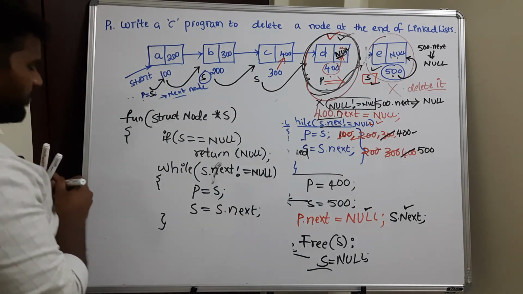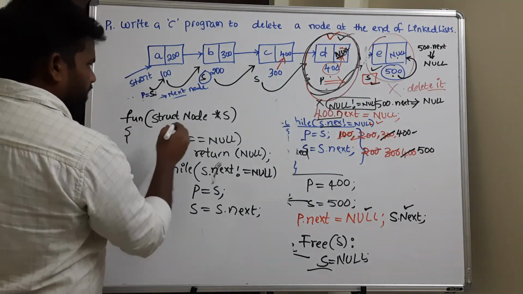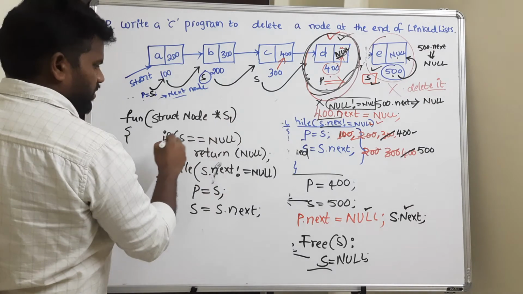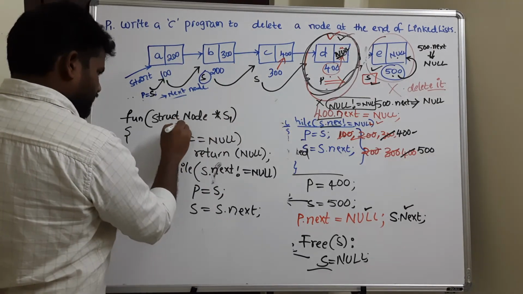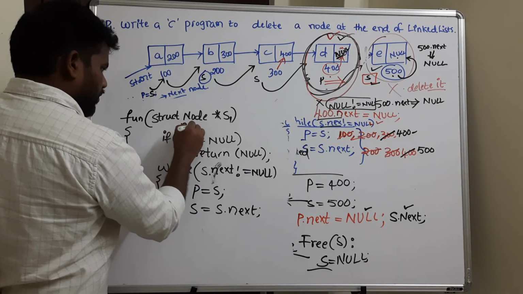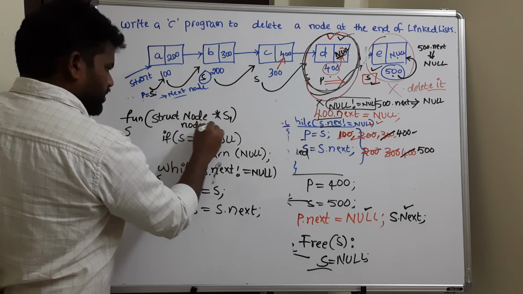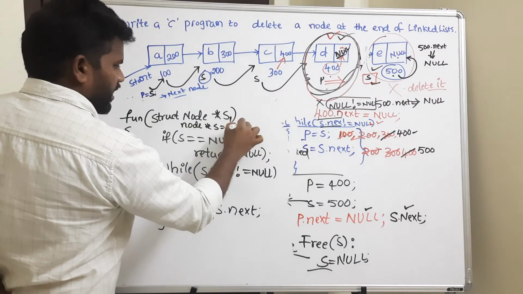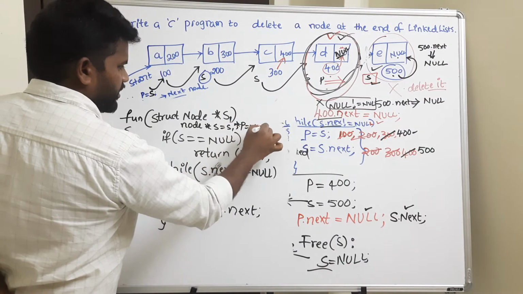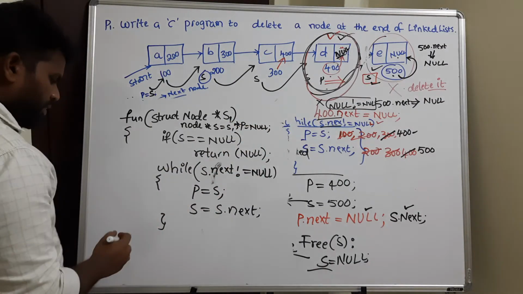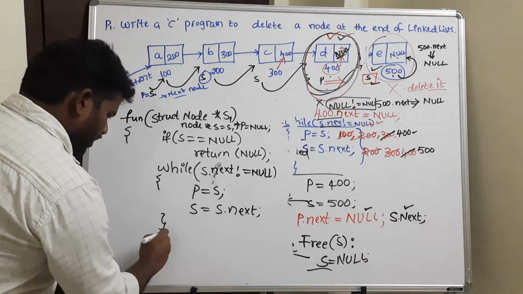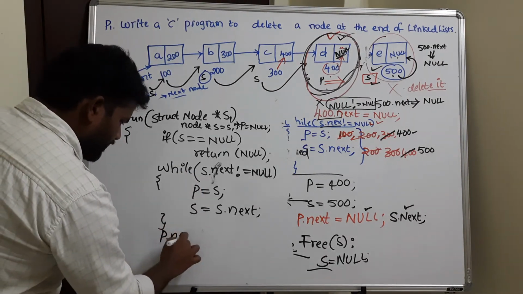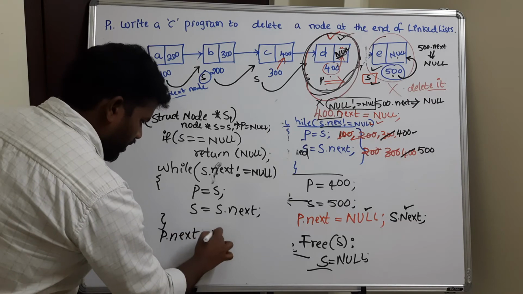So we are getting S1, then we are modifying it in the node, that is star S equal to S1, and P equal to null. We have taken P equal to null initially, right? Okay, then P dot next equal to null.